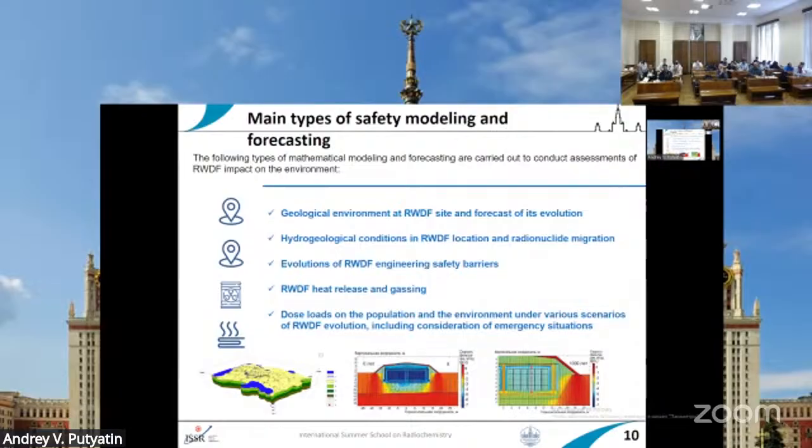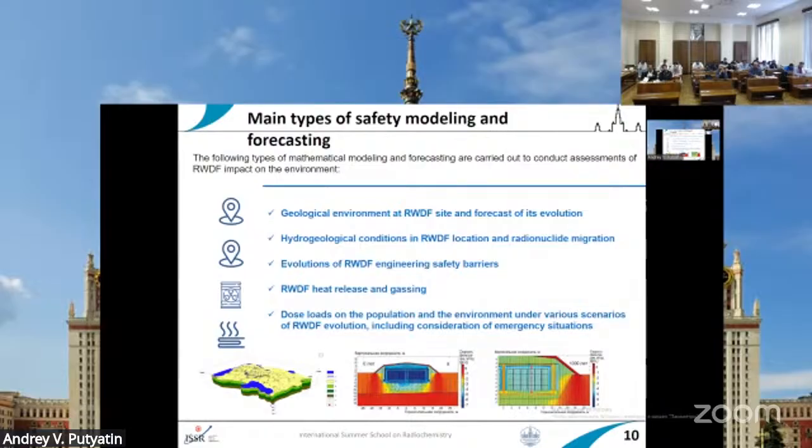Again, one of the parameters in the waste acceptance criteria is the gas production. So it is forbidden to have gas production, but there can be alpha emitting radionuclides. Alpha particles are helium particles.